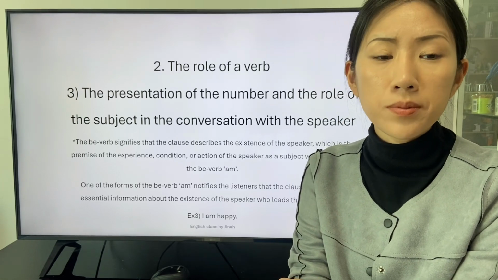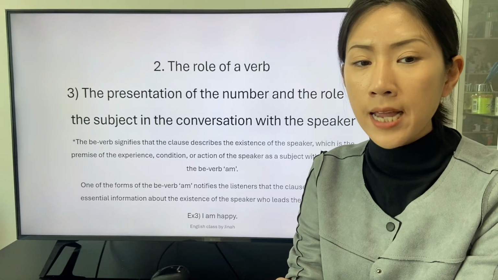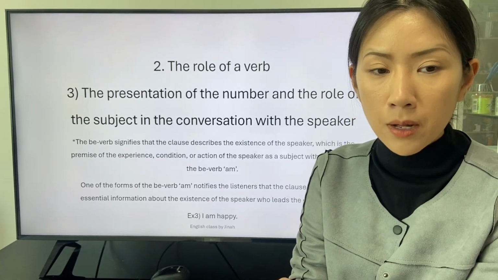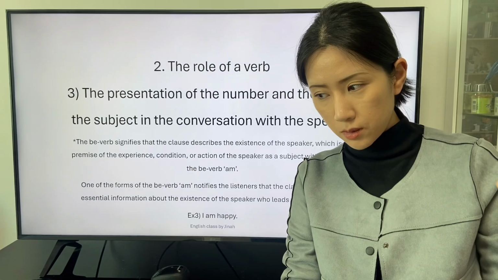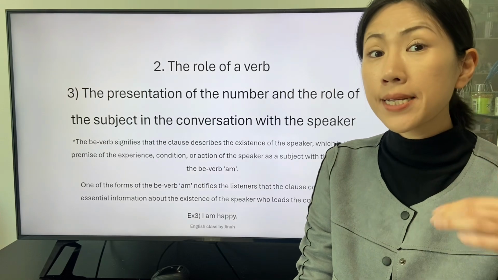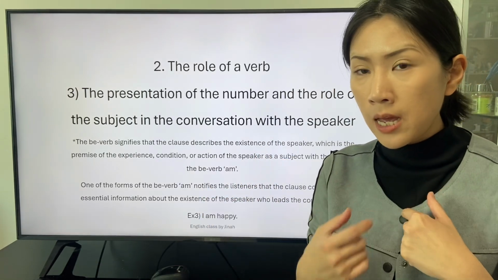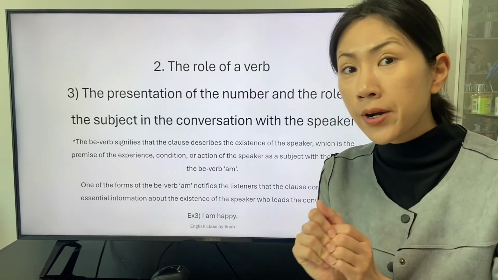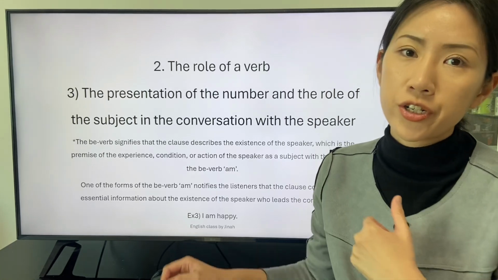One of the forms of the Be-verb, "am," notifies the listeners that the clause conveys the essential information about the existence of the speaker who leads the conversation. The Be-verb "am" signifies the clause about the speaker is important because the speaker leads the conversation with the listeners.